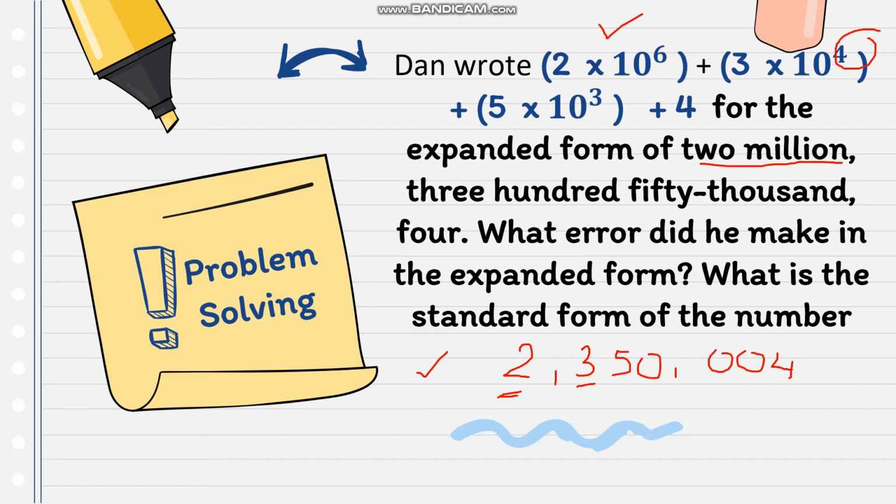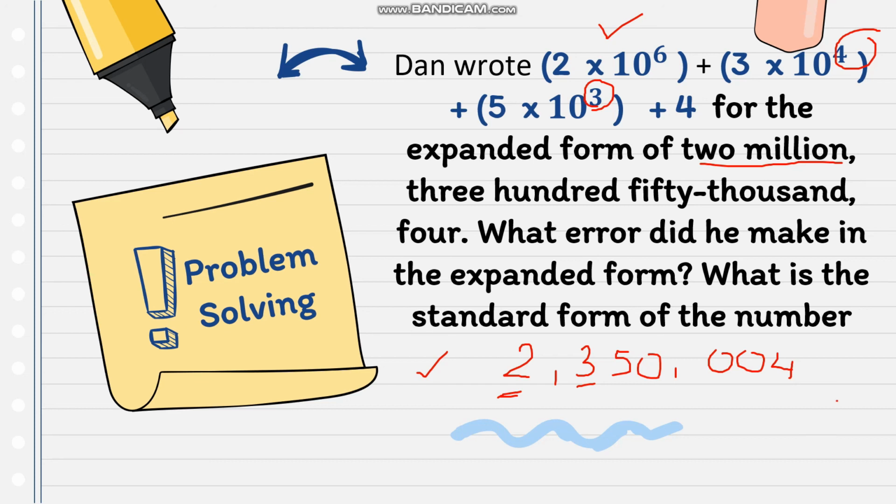And this 5 by 10 to the 4th power, not 3, because this 5 is in the 10,000th place. So 5 multiplied by 10,000 is equivalent to 50,000, and 50,000 has 4 zeros. And 4 is correct.